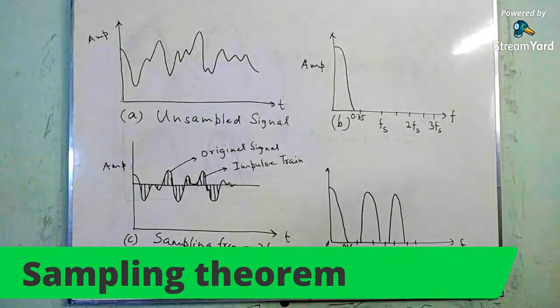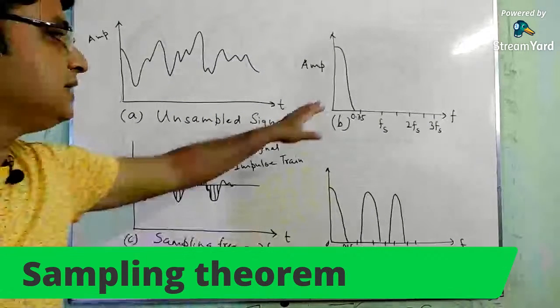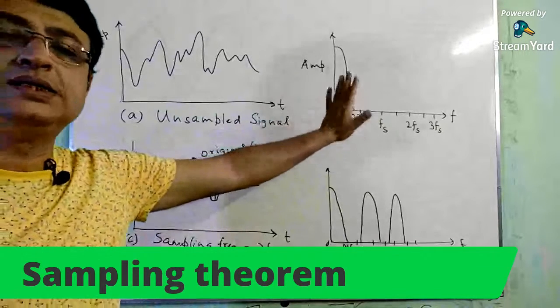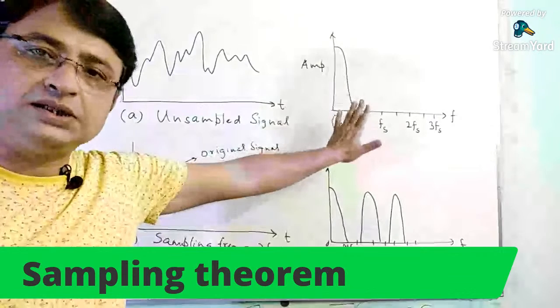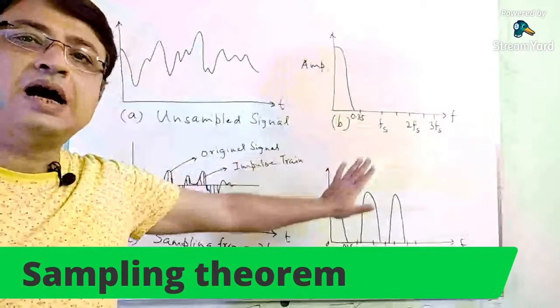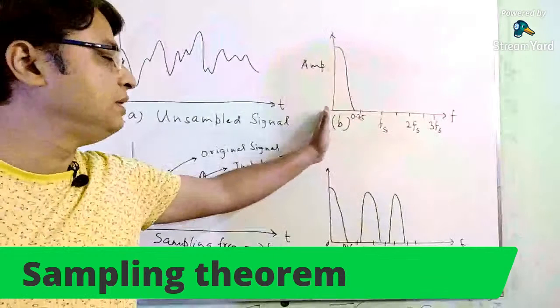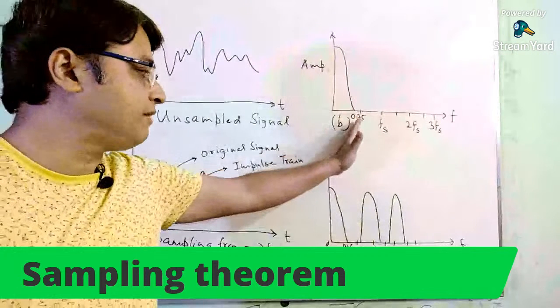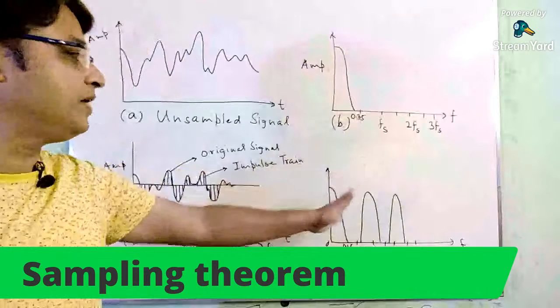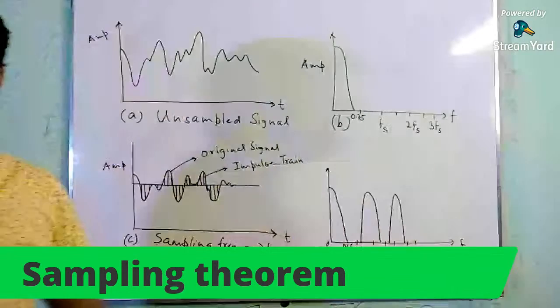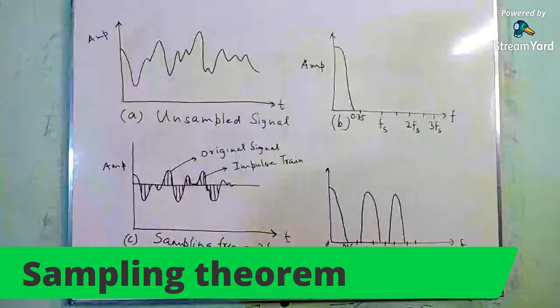This frequency spectrum is the duplication of the spectrum of the original signal. So this is the original signal which is shown in figure B. It is the frequency spectrum of the original signal, which lies between 0 and 0.35 fs, where fs is the sampling rate. Then this is the frequency spectrum of the sampled signal.